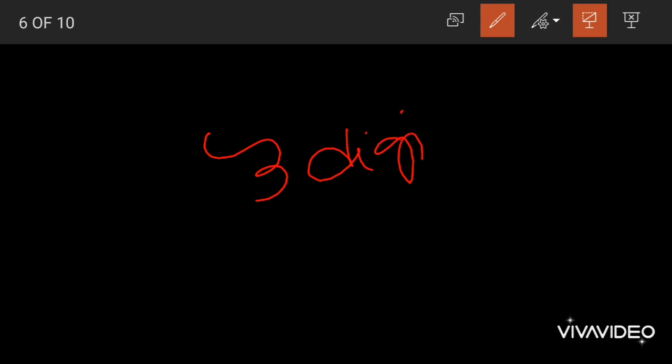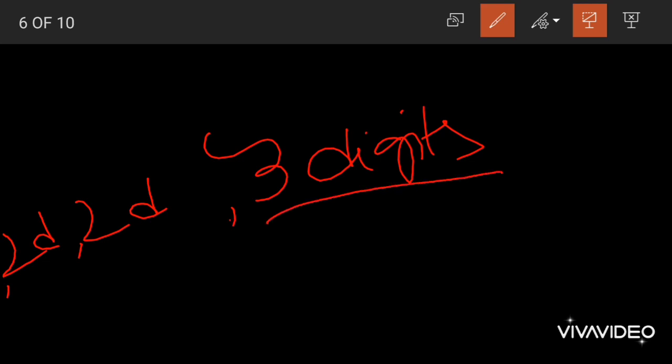Then after 2 digits we place a comma, and then after the completion of every 2 digits we place a comma. So first we place the first comma after 3 digits, and after every 2 digits we place a comma. Okay?